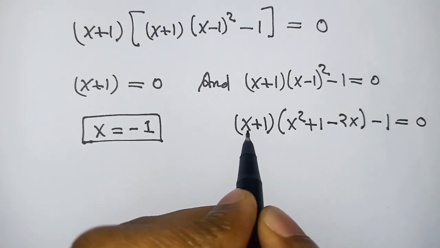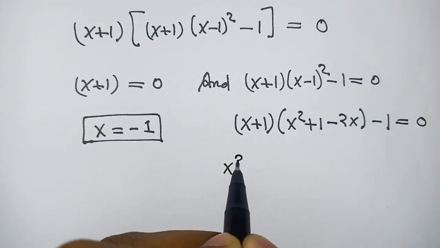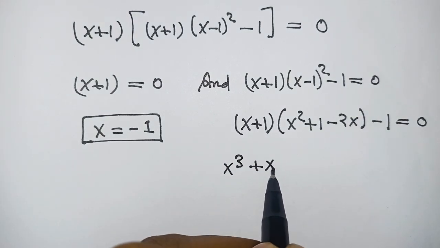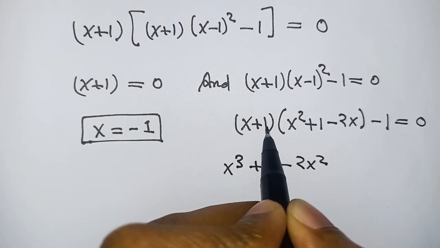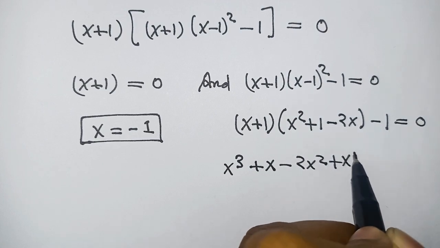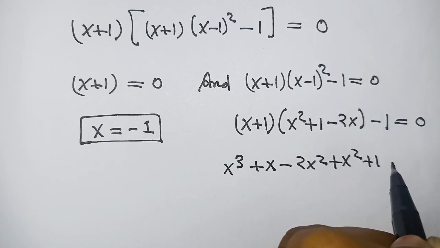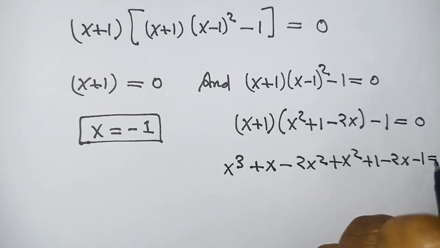And now when we multiply x by this whole part, we will have x cube plus x minus 2x square, and with multiplication of this whole part by 1, we have plus x square plus 1 minus 2x, and this minus 1 is here, is equal to 0.